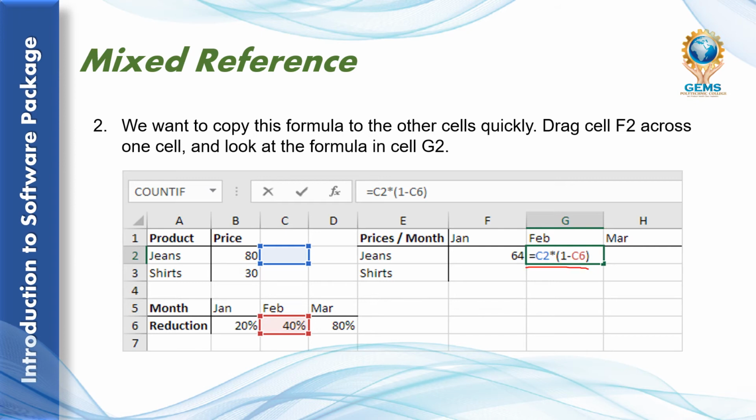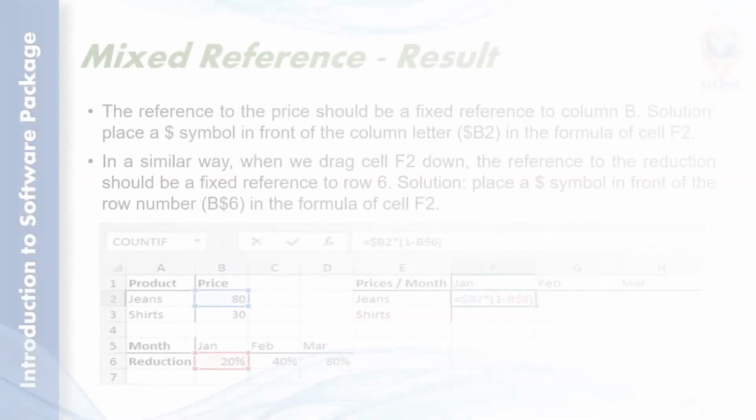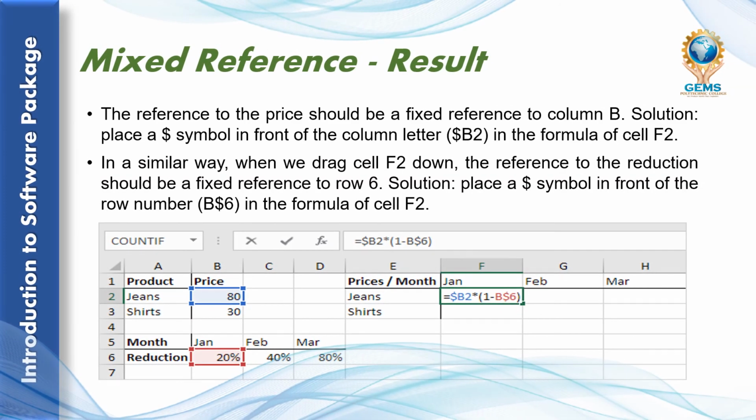So it is in F2, and when we drag the cell into G2, the column is changed. Now it references C6, that means the C2 value and the C6 value. The result of the mixed reference is that the price should be a fixed reference.